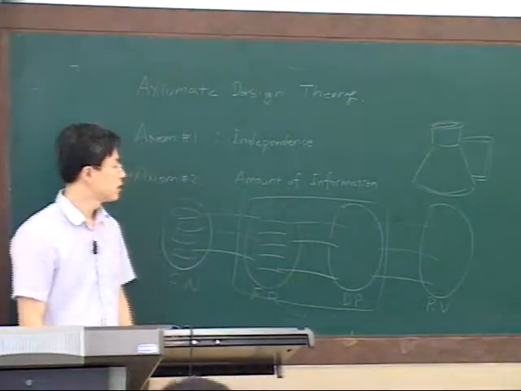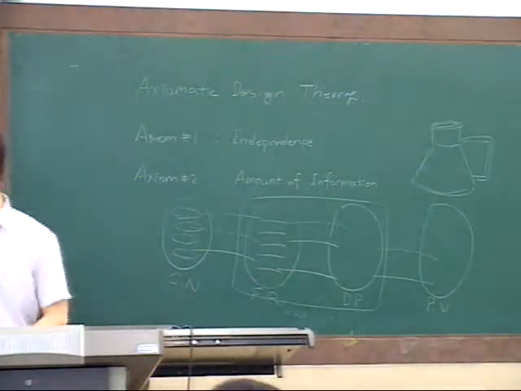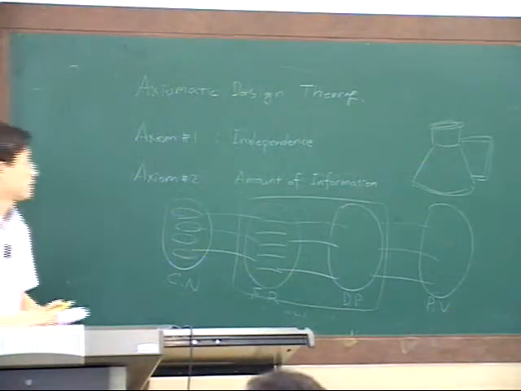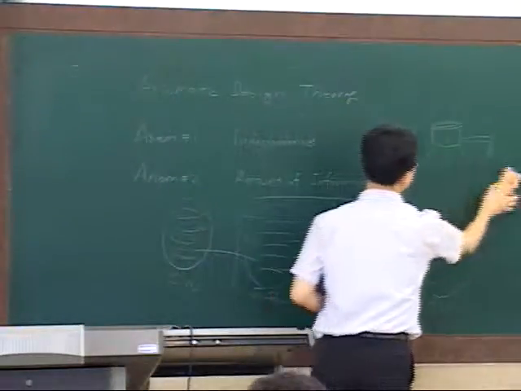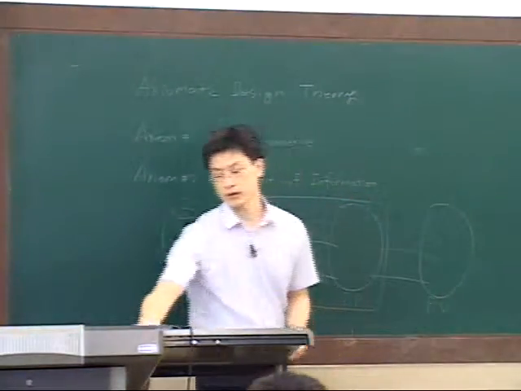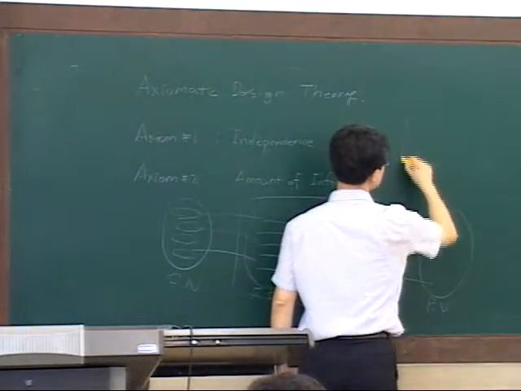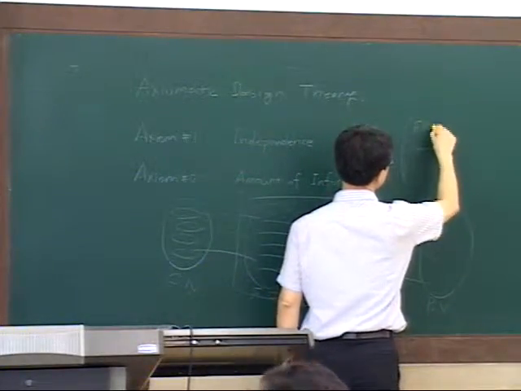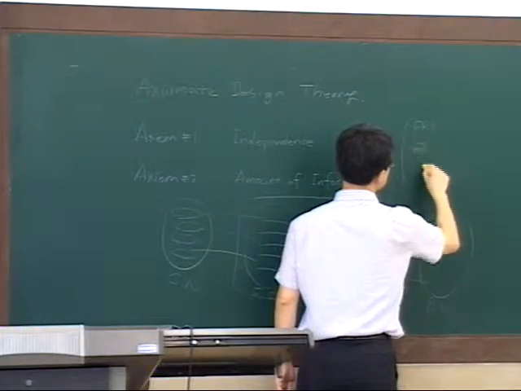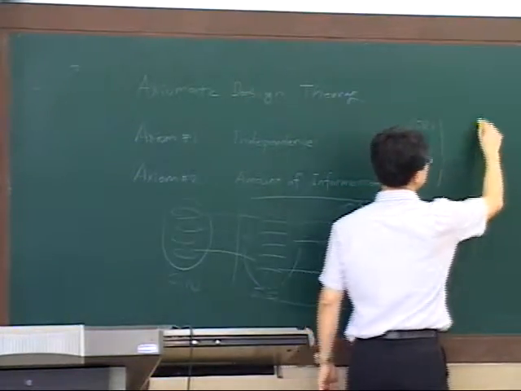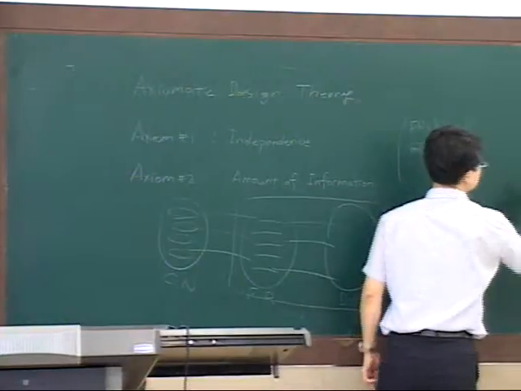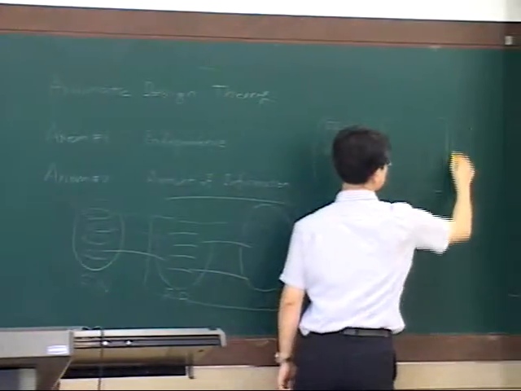For example, it has relationship like this. According to axiomatic design, you are supposed to make, there is functional requirement 1, 2, matrix.